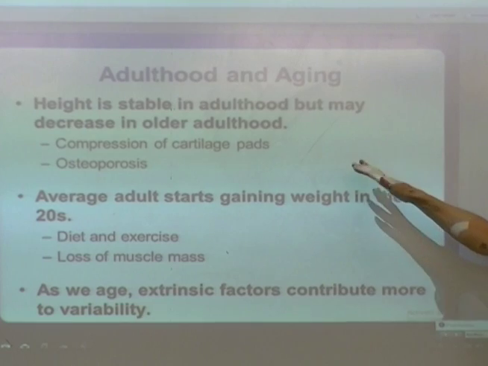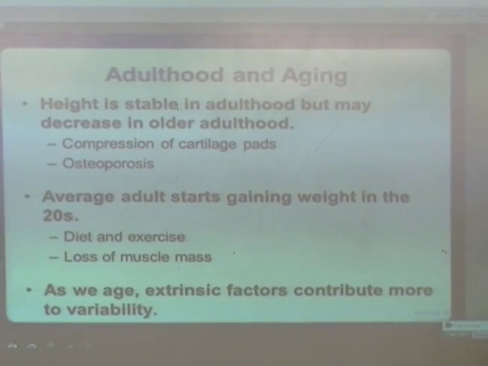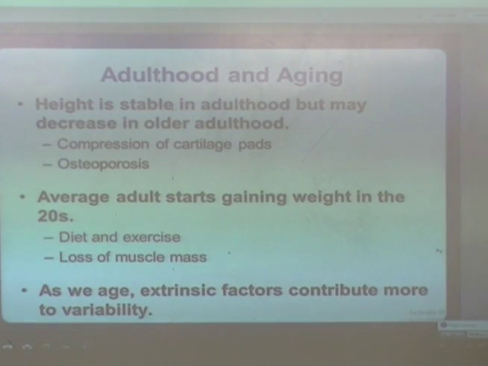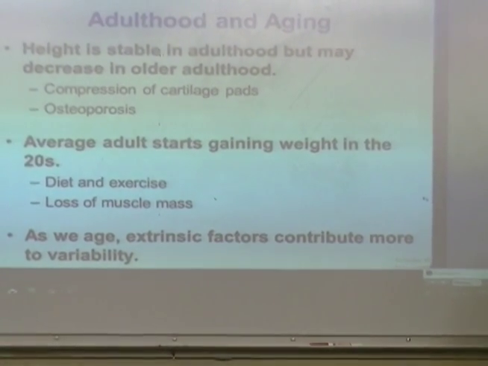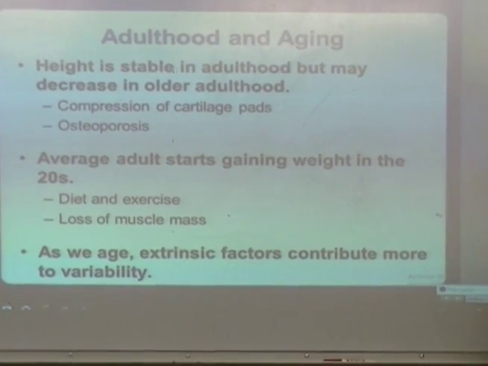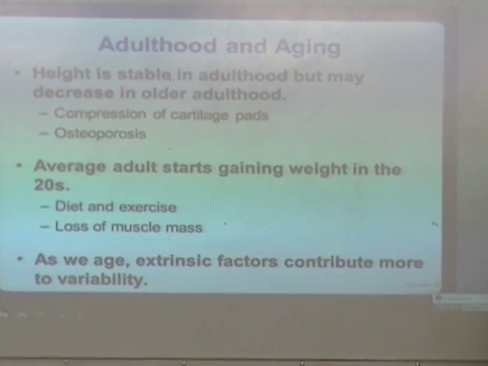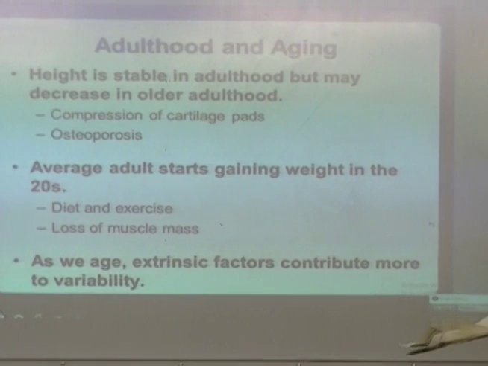Some older adults will develop osteoporosis, so their spine, and they might have bad posture when you're young, develops into really bad posture as you get older. That's why everybody should take dance class, because everybody should learn to stand up straight. Right? Because especially when you're tall, tall people tend to do this.